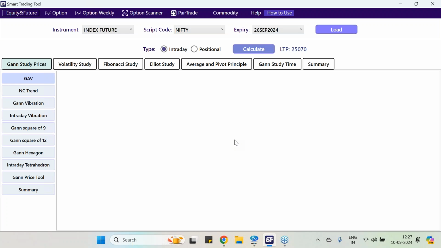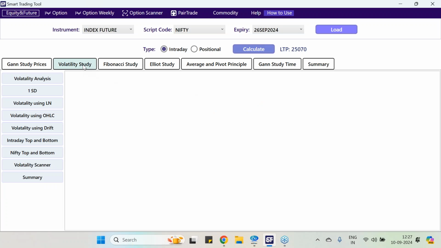Coming to this particular software, today I am going to discuss the volatility study. In this volatility segment, we have volatility analysis, one standard deviation analysis, and analysis on volatility calculated using the LN value.